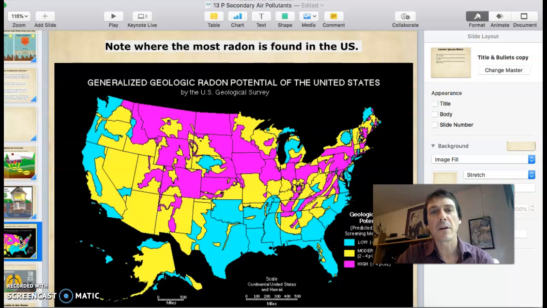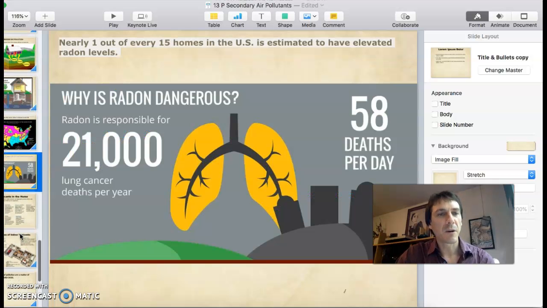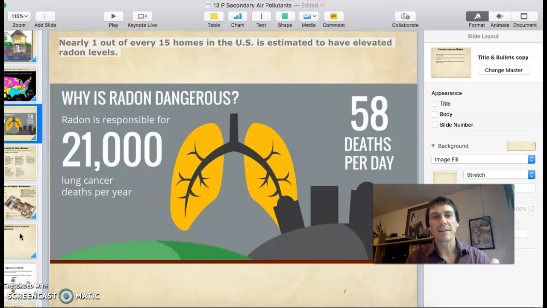This just shows you where the geologic radon potential is. Where is the most potential for radon? And high is in the pink. So definitely the upper Midwest here and the upper West and along the Appalachians. San Francisco, it's not too bad here. And radon is responsible for 21,000 lung cancer deaths per year.